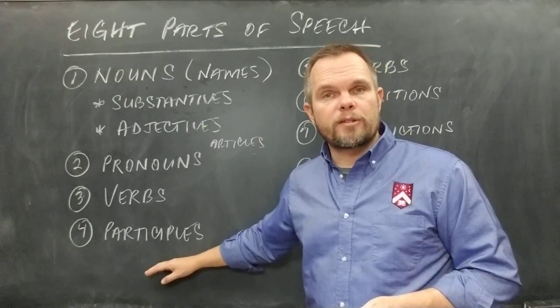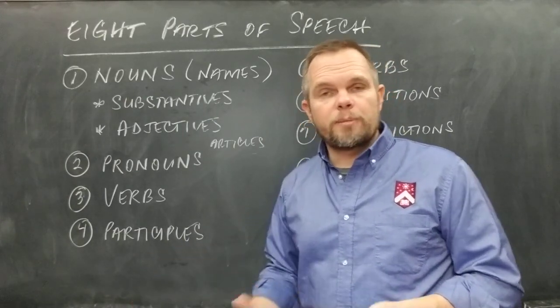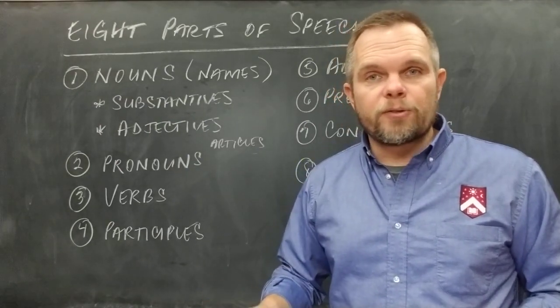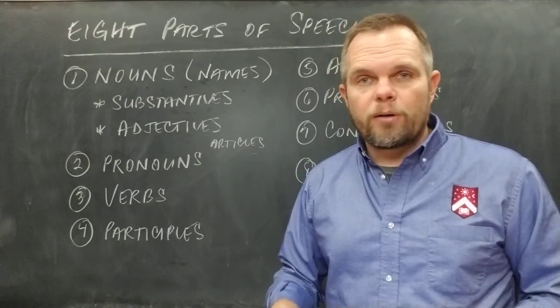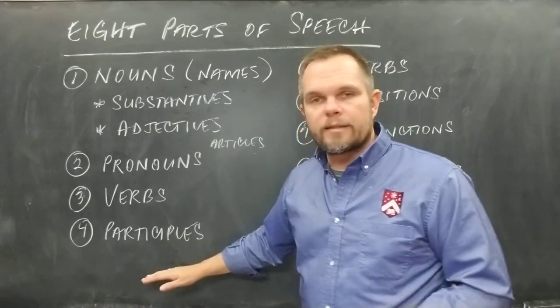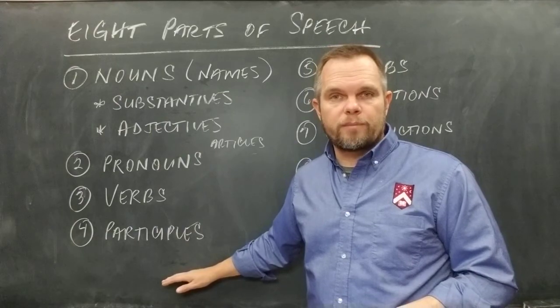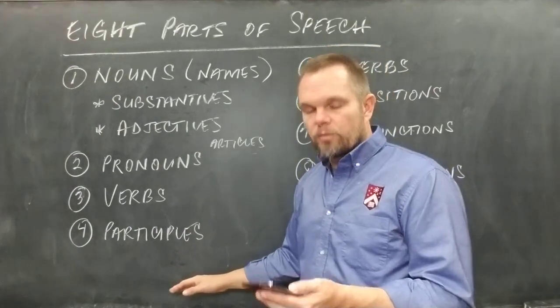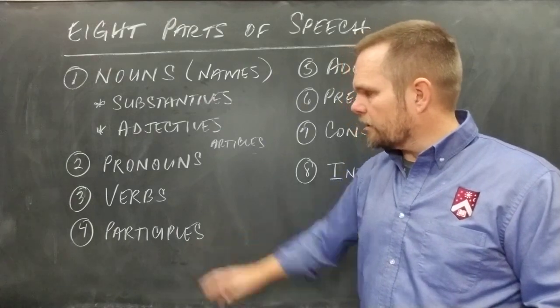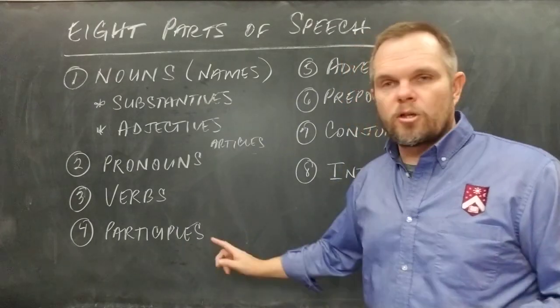Our textbook suggests that participles are simply a different kind of adjective, but we're going to see that in grammar that's not true. Participles are not adjectives. Participles are a separate part of speech. And so that little note under adjectives about participles, participles are another part of speech. And I'll talk about them in a minute.